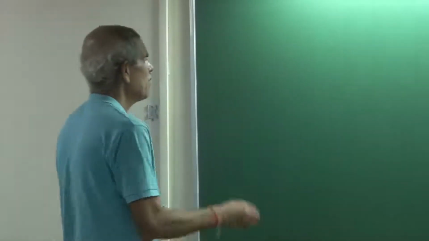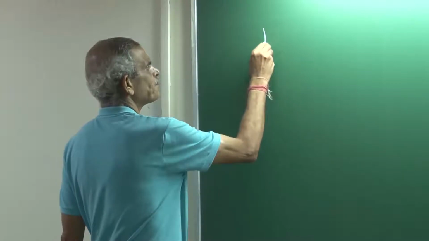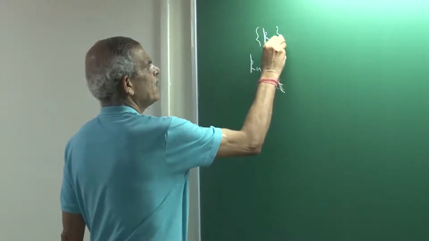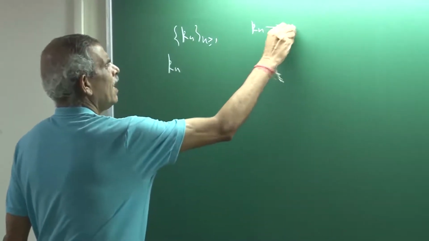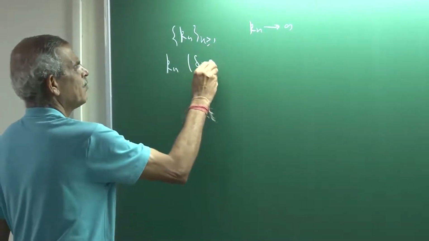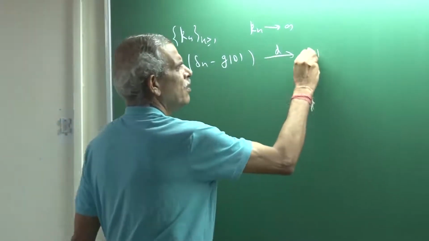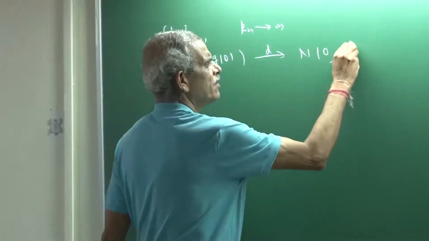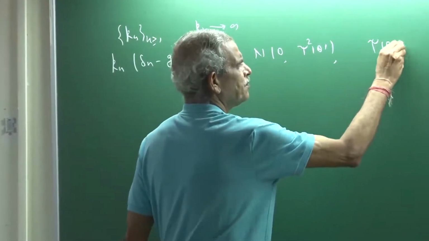So normally there will exist a sequence Kn such that Kn goes to infinity, and Kn times (delta n minus g theta) goes in distribution to normal(0, tau square theta), where tau theta is positive.